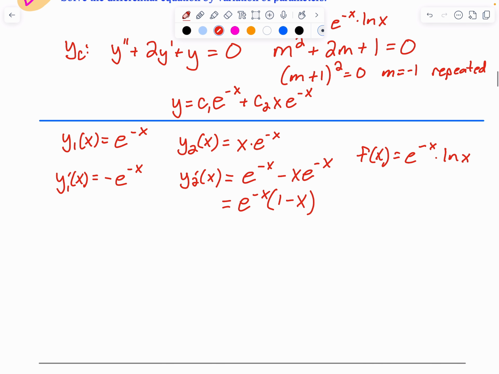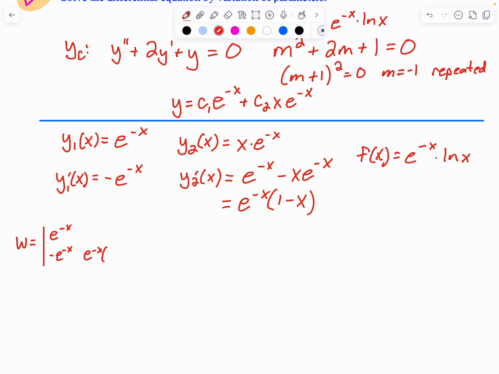All right, so we're going to run the Wronskian. I like to put these three across, so write pretty small. So the Wronskian for these functions is going to be e to the negative x, negative e to the negative x, and then I'm going to write the bottom one first since it's longer, negative e to the negative x times 1 minus x, and then that's above x times e to the negative x.